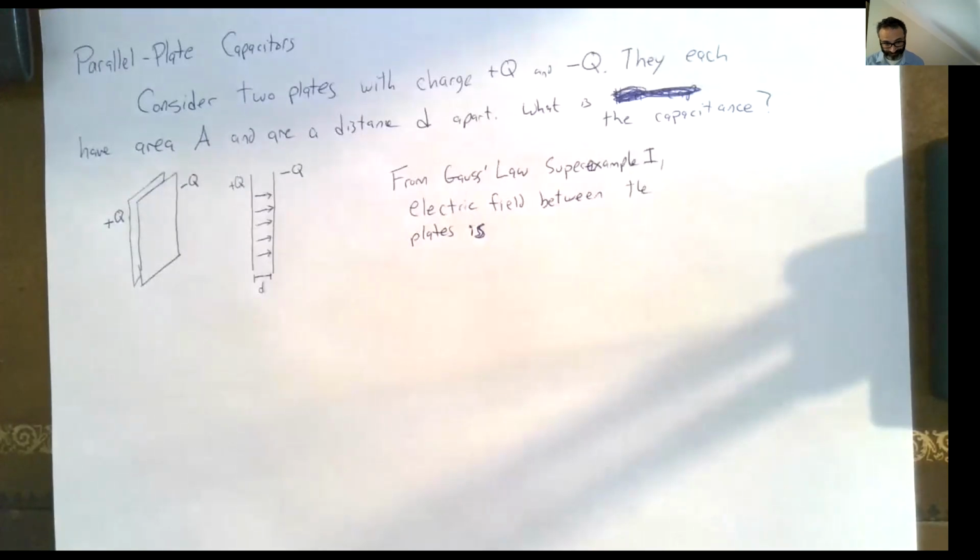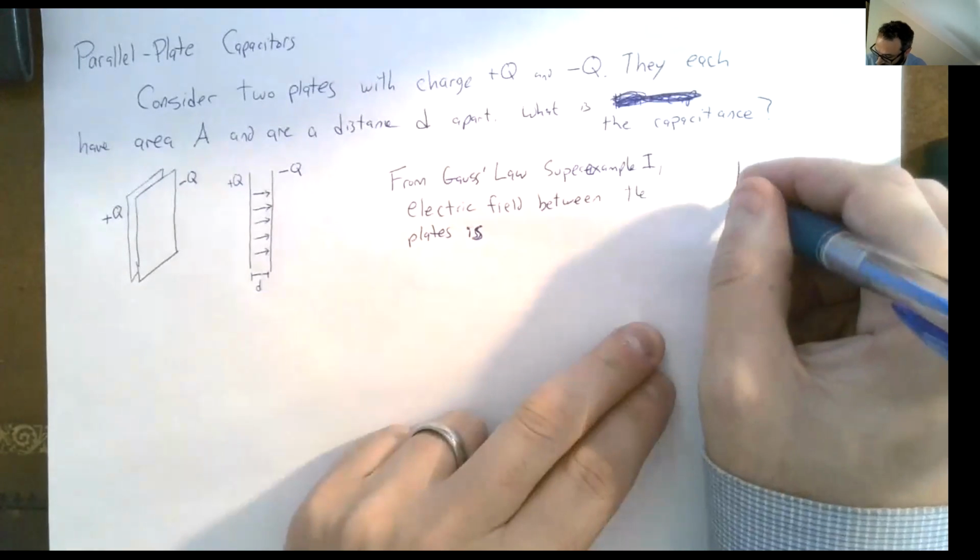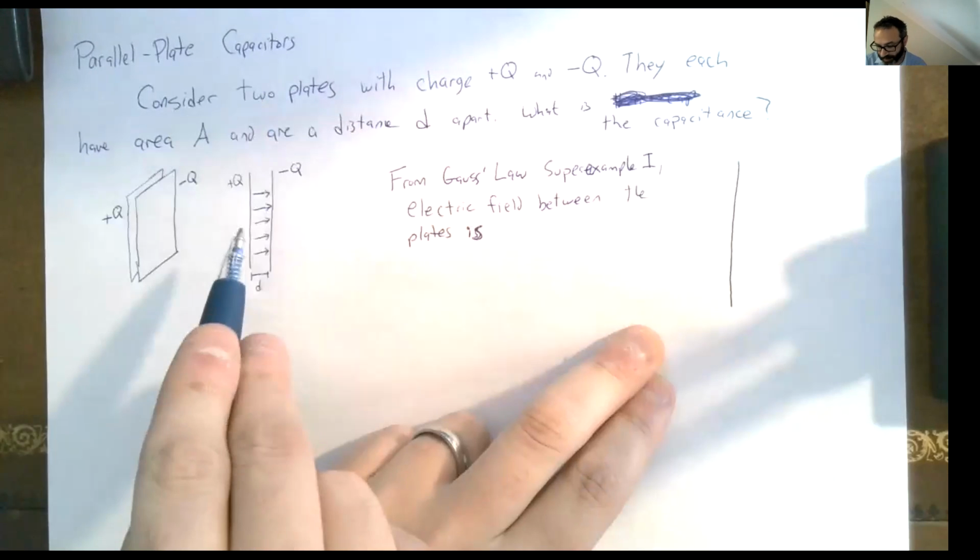Q over epsilon naught. Well, that's Gauss's law itself, right? That tells us that the flux through some Gaussian surface would be Q over epsilon naught. But if you remember Gauss's law super example 1, we didn't have two plates there.